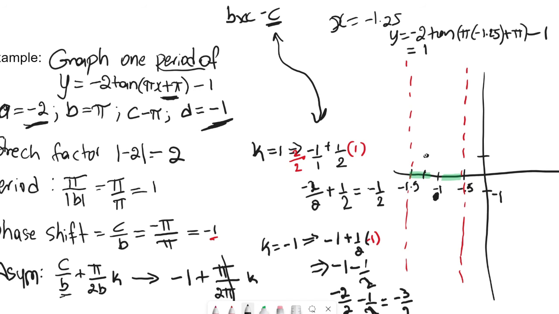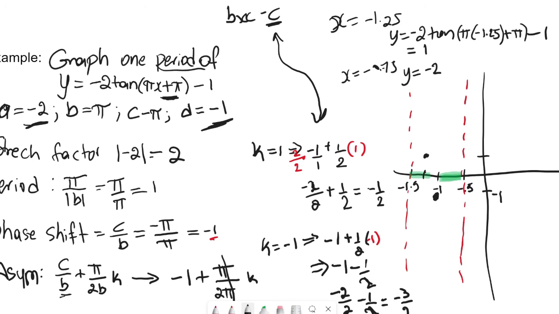And we can do the same if we were to pick a value on this side here. So if we were to let x be negative 0.75, okay, then that means y is equal to what?